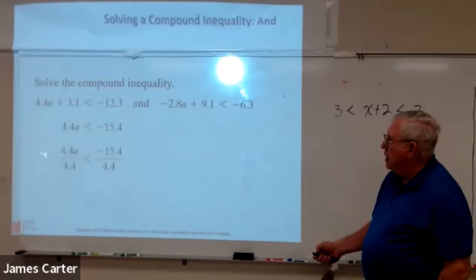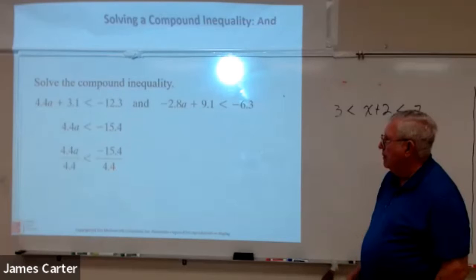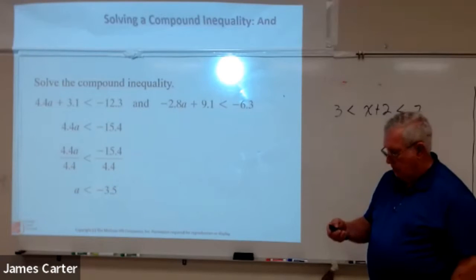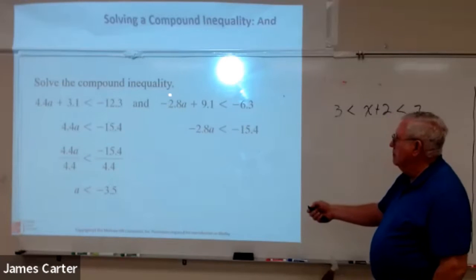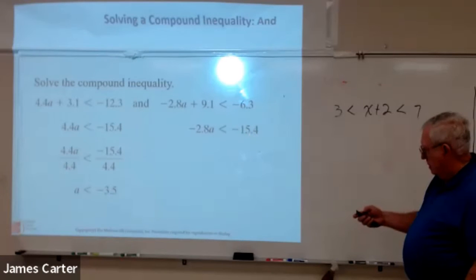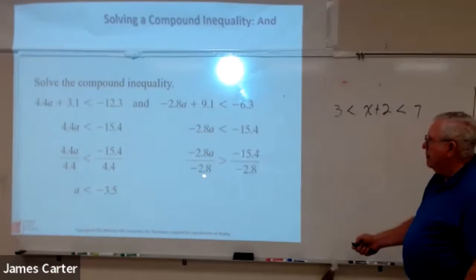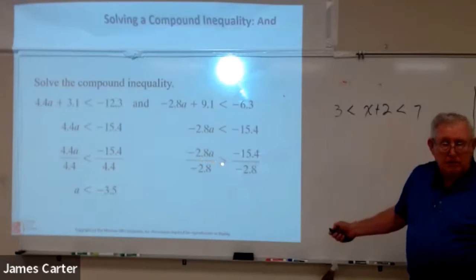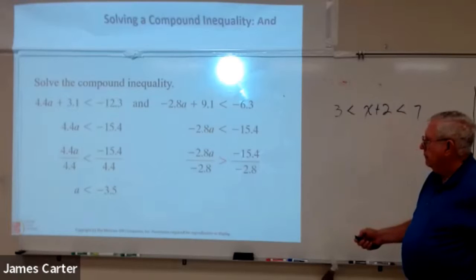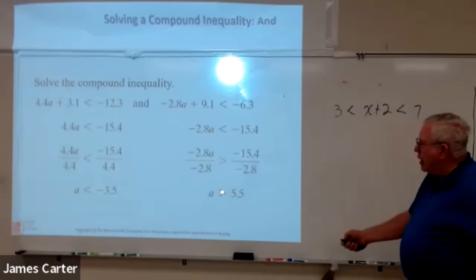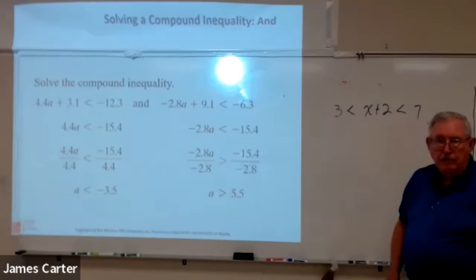Now they're going to divide both sides by 4.4, resulting in A is less than -3.5. On this side, we're going to take the 9.1 over. We're going to divide by negative 2.8, but when we do that, we have to flip the symbol, resulting in A is greater than 5.5.